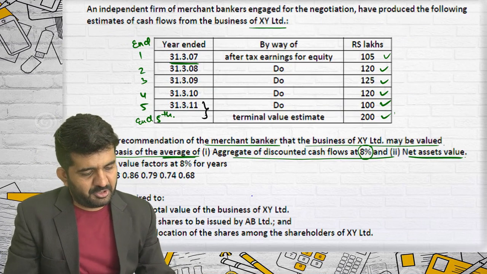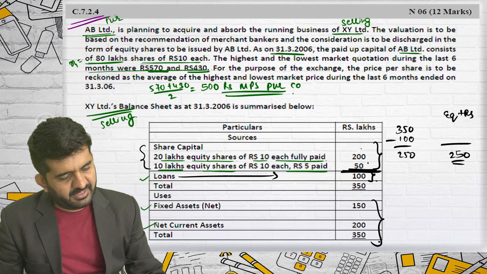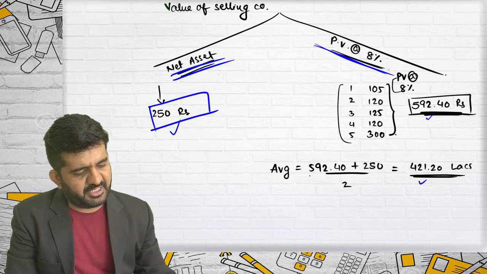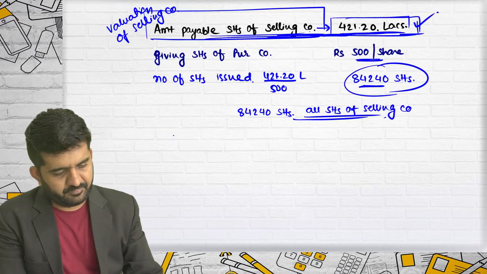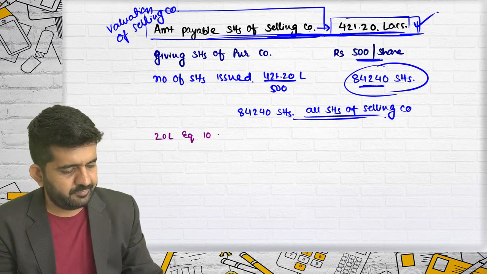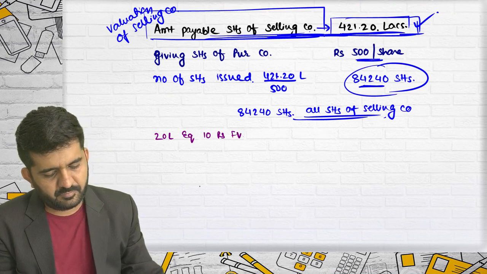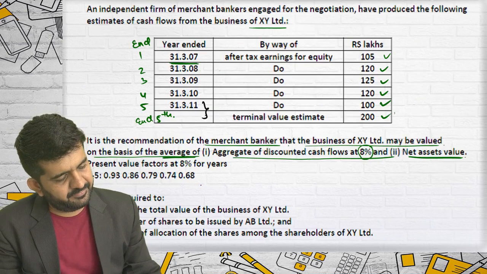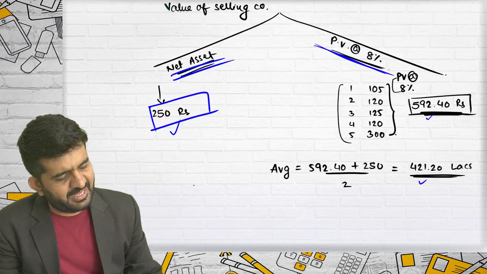Who are the shareholders of selling company? They are 20 lakhs equity shares of 10 each, and 10 lakhs of 5 each.